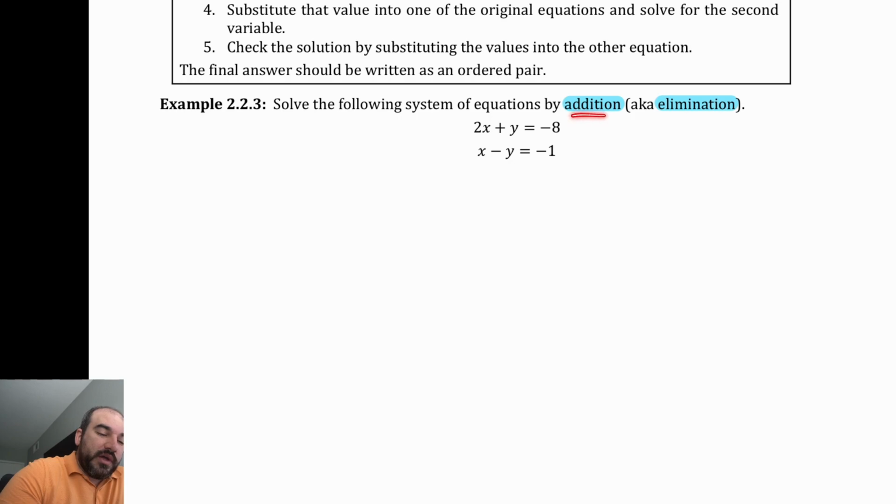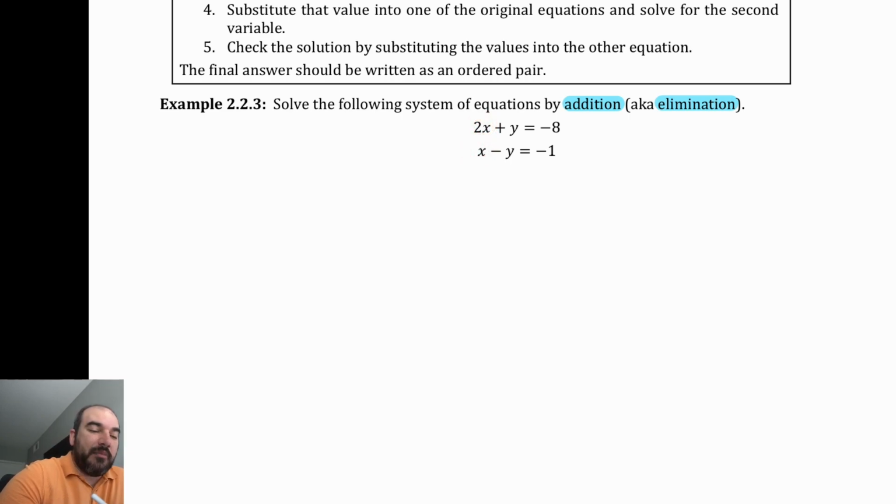What we're looking for here for the elimination or addition method is we want a variable like x or y to have the same number coefficient in front of it, but opposite signs. So this x has a 2 in front of it, this x has a 1 in front of it.